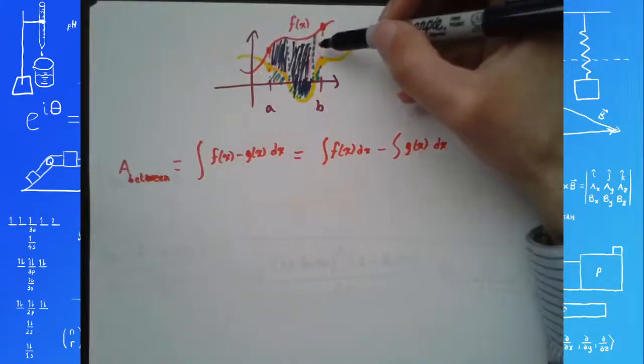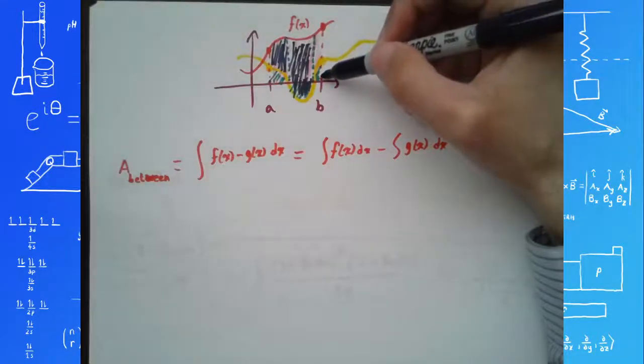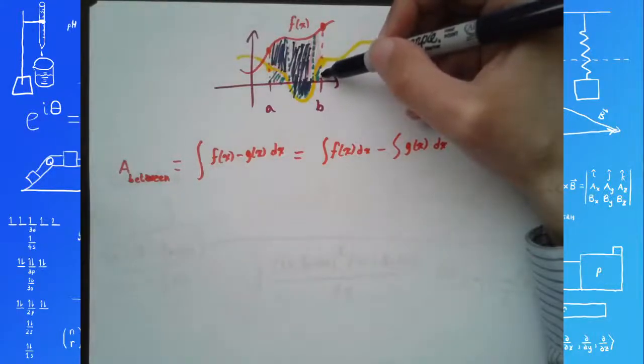Okay, and for this third region, I guess I covered up the pink parts down here with the green, but part of the area that's shaded green here was also shaded pink.